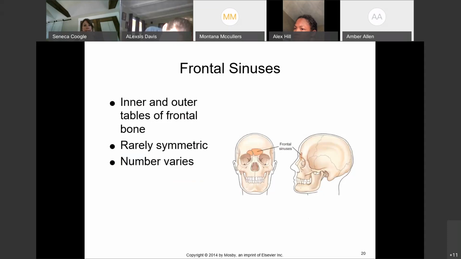And on x-rays, you'll notice that these are going to look different on every single person. These are not going to be characteristic like the maxillary sinuses are. But generally, most people have 2 frontal sinus cavities. That's why it says number varies. It could be 3, it could be 4 different cavities, but most people have 2.